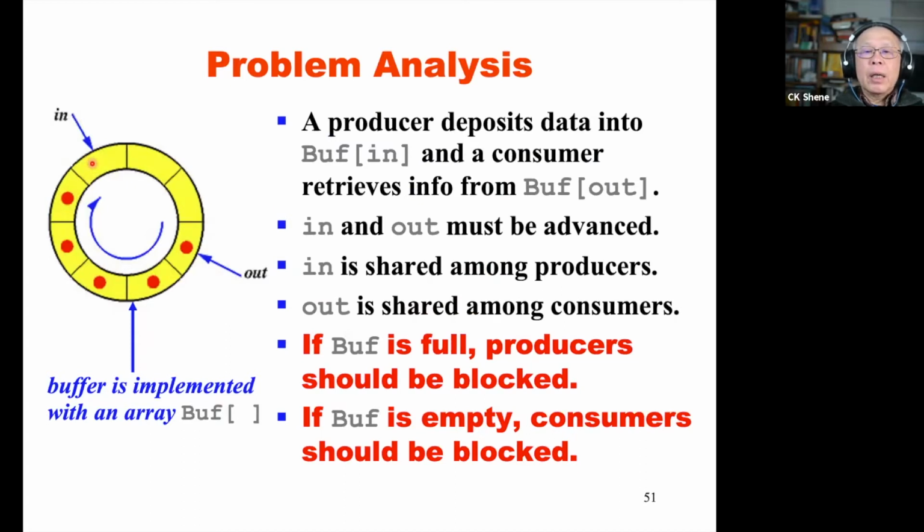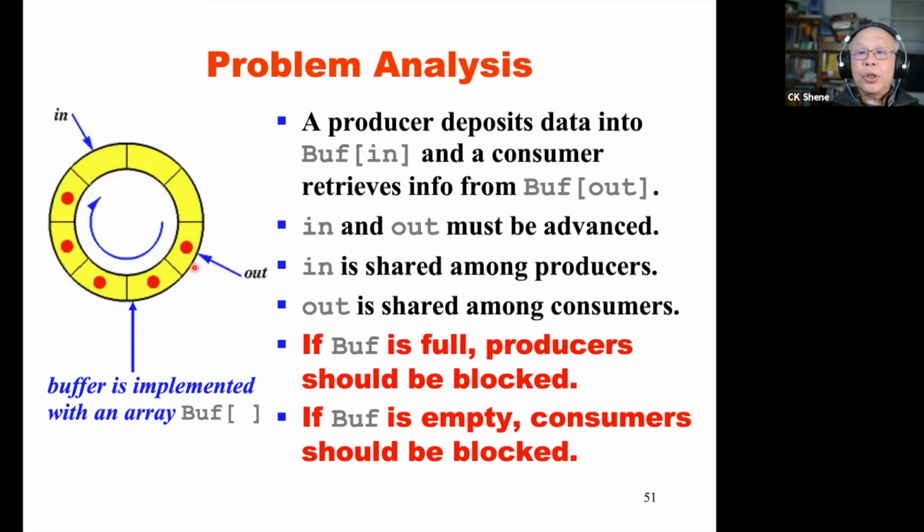Let's say the buffer is represented by an array buff, and the consumer always retrieves the contents from buff[out]. Of course, we mentioned in and out must be advanced after depositing and retrieving.